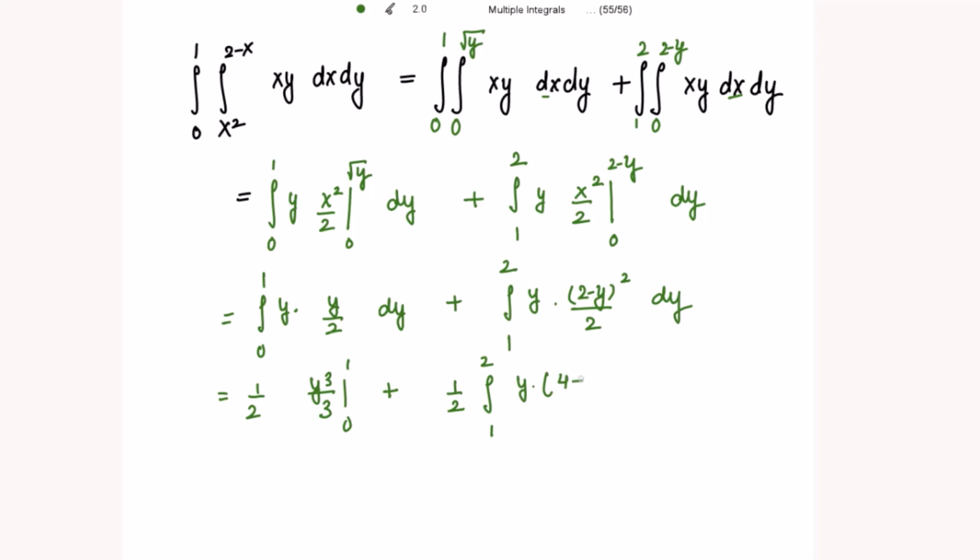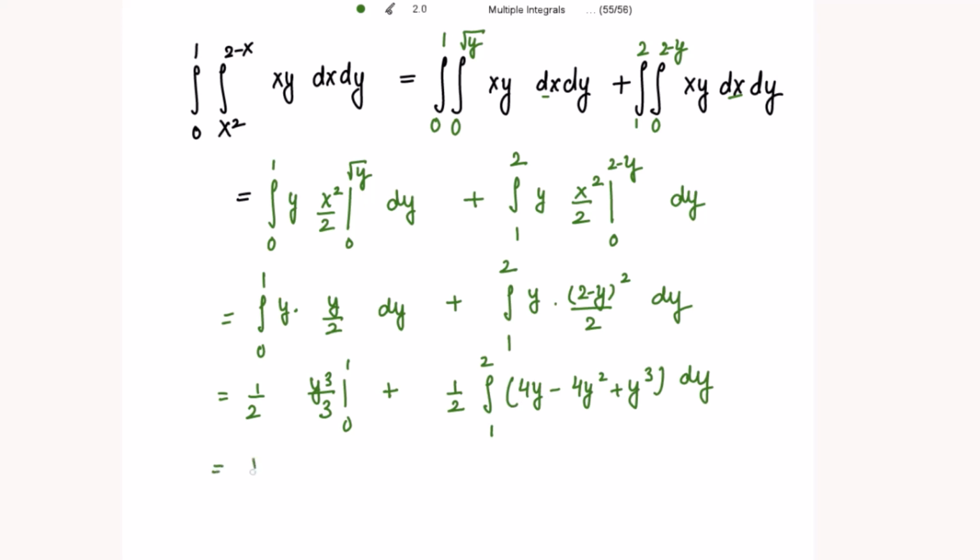This is 4 plus y square minus 4y dy. And if I multiply this, I get 4y plus y cube minus 4y square. So I'm just multiplying them: 4y minus 4y square plus y cube.